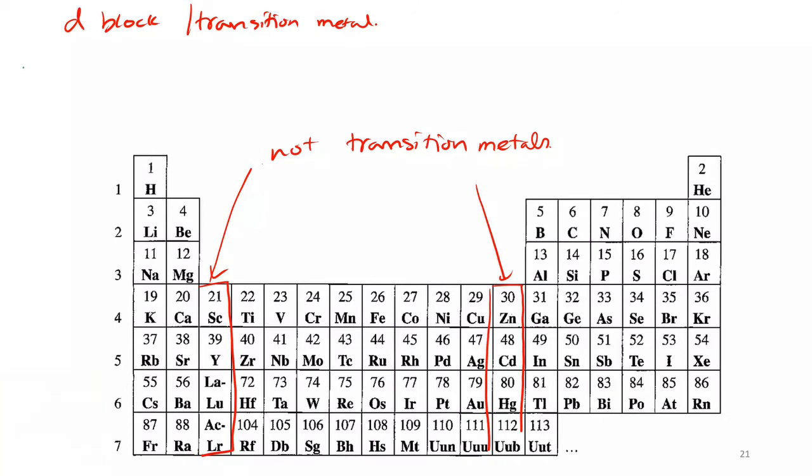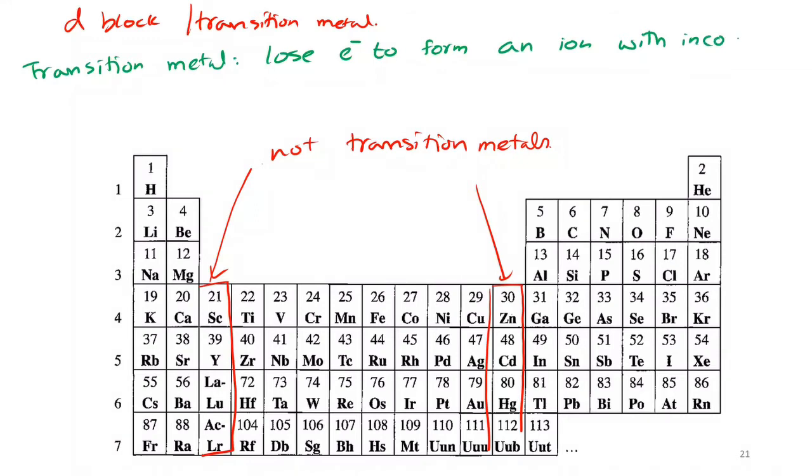So what we define as a transition metal is something that loses electrons to form an ion with an incomplete d subshell, incomplete d orbital.